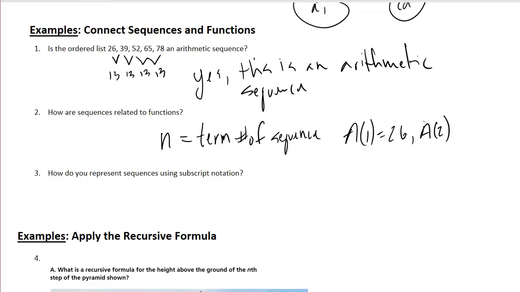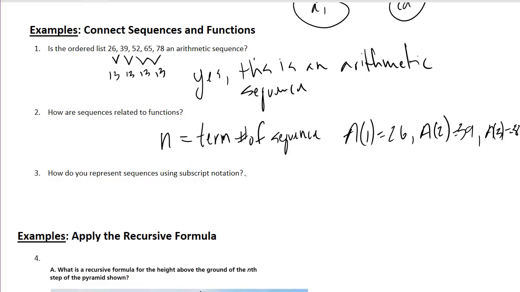Very similar to function notation when we're substituting in. And then we have the formula you saw up above, that explicit formula. A sub 2 then is 39. A sub 3 is equal to 52. And then that pattern just continues. So as you will see as we progress here, they're very similar to the concept of a linear function that we were just dealing with.